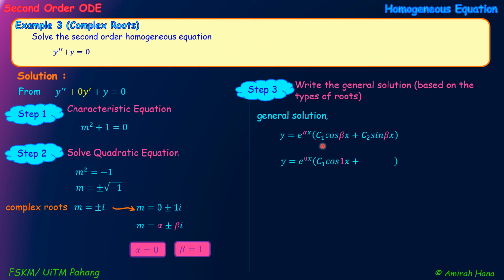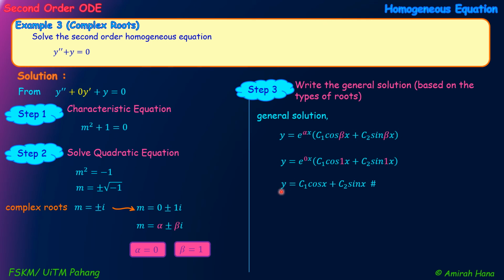Then we replace alpha equals to 0, and beta equals to 1, so we write c1 cos 1x plus c2 sin 1x. And e to the power of 0 equals to 1, and 1 times any value equals to that value.